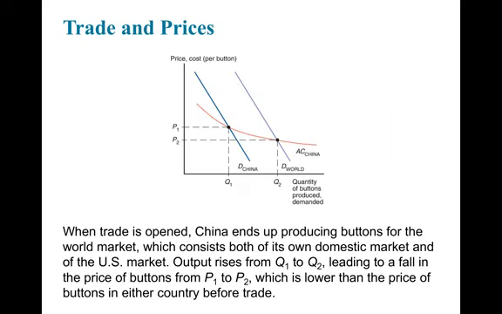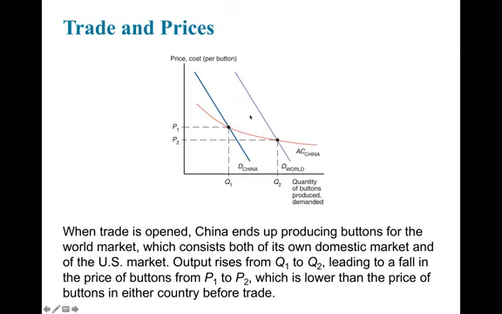This can be stressed again in this picture. Here we have added to the quantity demanded by China the quantity demanded in the US, and so we have generated the demand for buttons in the world.